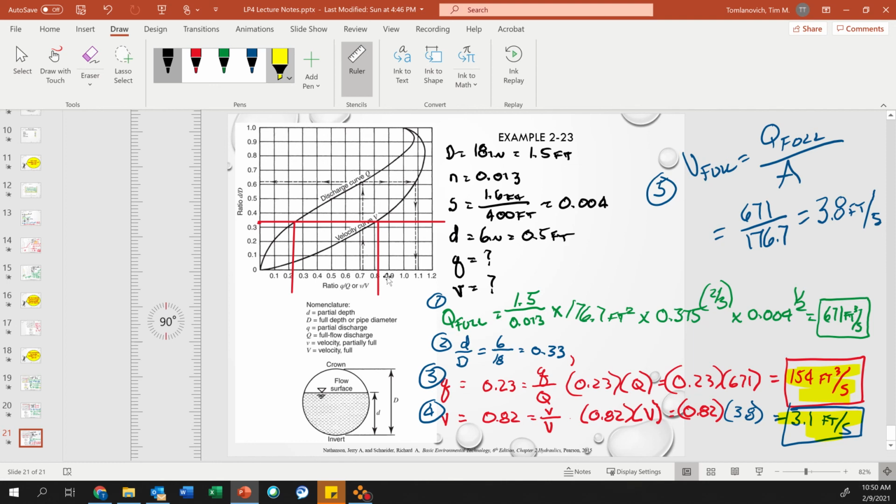I get the same answers, except they get 640 gallons per minute, which is probably equal to 154 cubic feet per second. So make sure you go through these example problems and understand how to do them and how to use this chart.